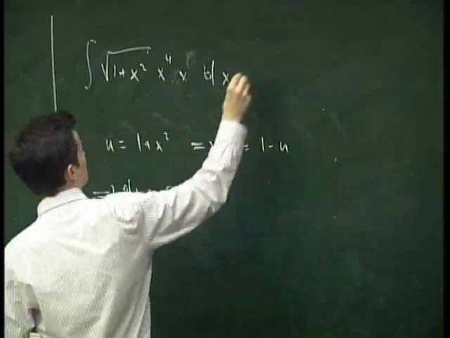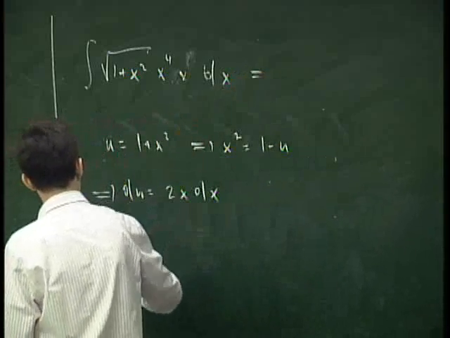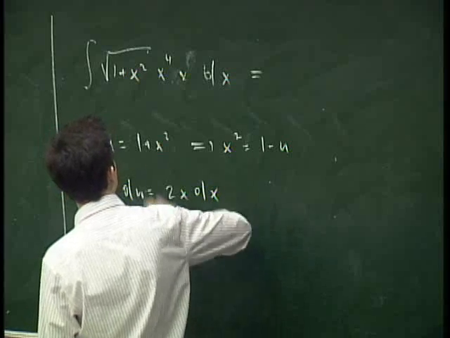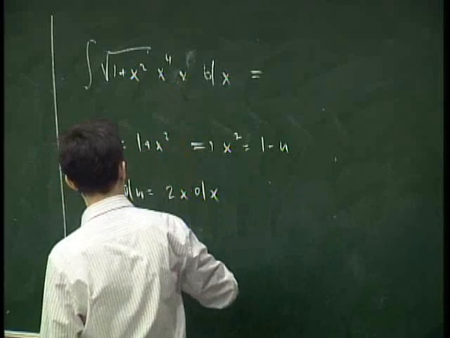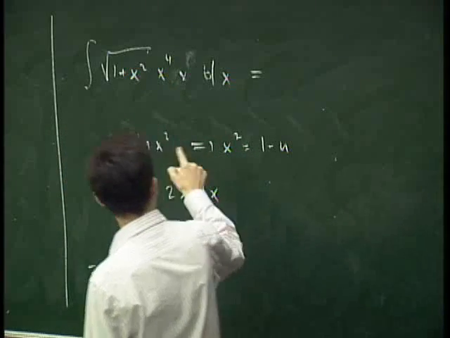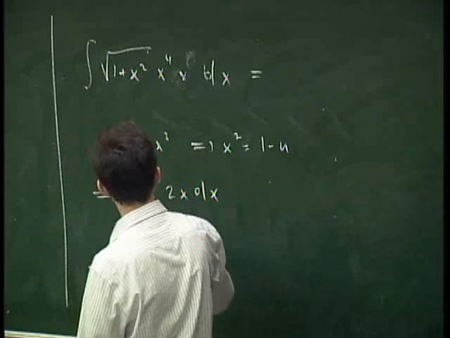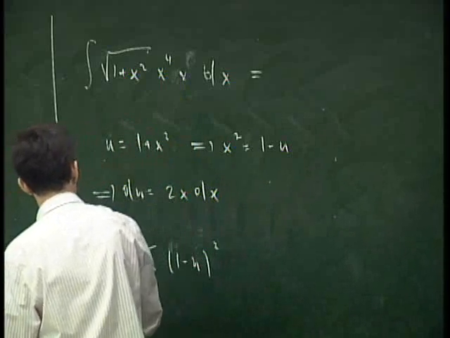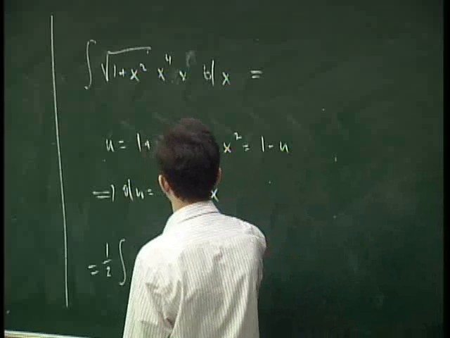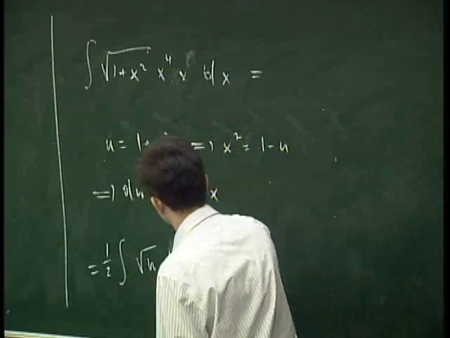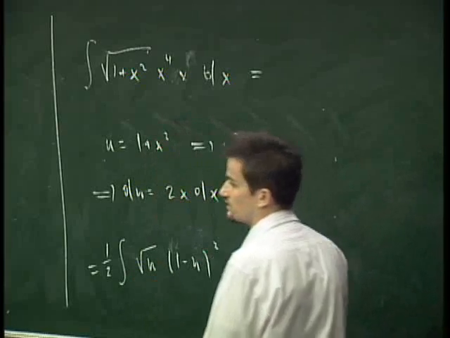If you plug everything in, then you have the integral of square root of u, times the square of 1 minus u, and dx is replaced by 1 over 2x du, so the x cancels out as it's supposed to, du. And this is easy to compute, because you just expand it and then do term-by-term integration.